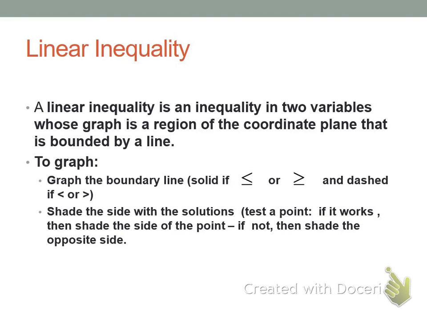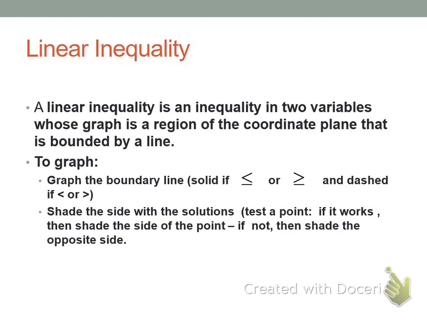A linear inequality is an inequality in two variables whose graph is a region of the coordinate plane that is bounded by a line. In order to graph, you will graph the boundary line.